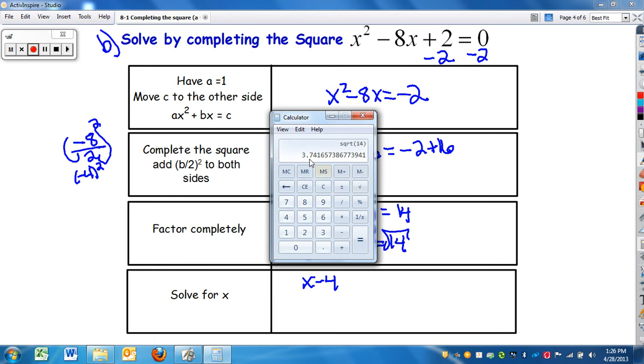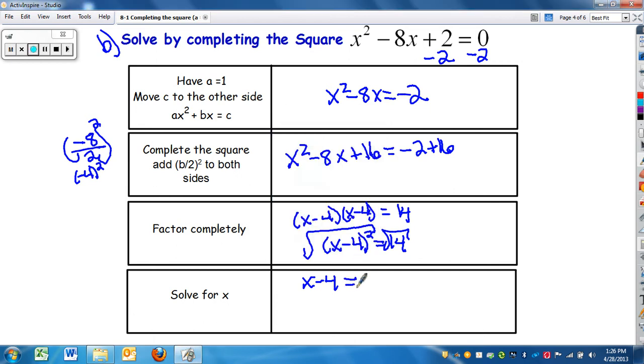So here I'm only going to do 2 decimal places, so I'm going to go 3.74. Remember, plus or minus. We should get 2 answers if it's possible to solve. Just remember there's usually 2 x-intercepts.